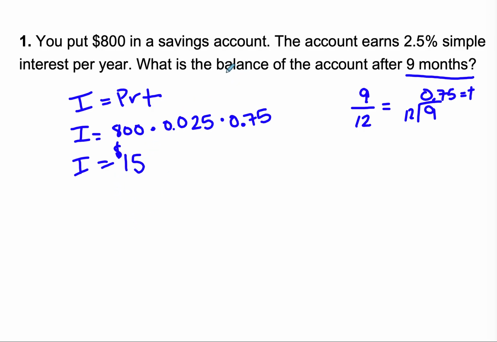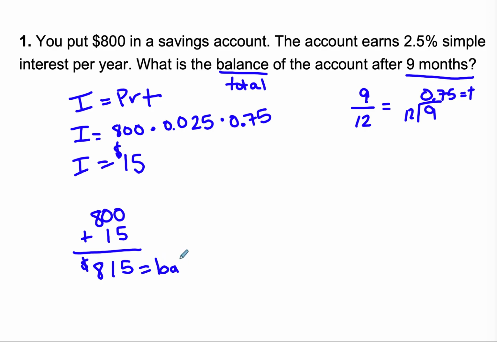However, that is not our balance. The balance is the total in that bank account. So we're going to go ahead and add on to our principal. 800 to start in the bank account plus the $15 in interest is going to give us $815 is going to be our total balance.